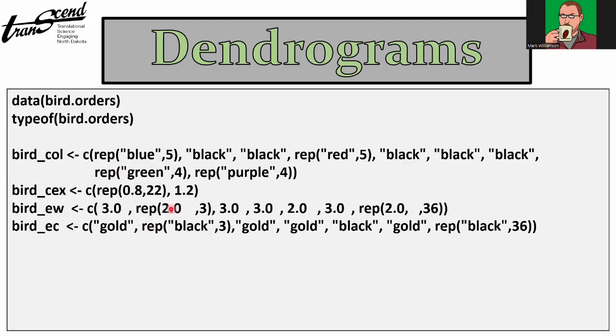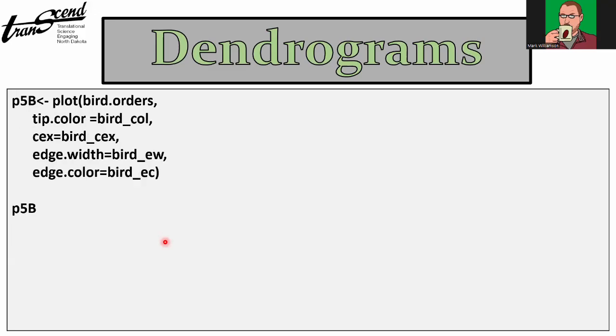The sizes, most of the sizes are going to be the same. One is going to be bigger. EW and CW, this is going to be end weight and end color, and I'm going to change that out. And I looked through the bird orders to specifically pick out which ones I wanted, and you'll see what they look like when we actually plot it. So again, we can plot bird orders using the simple built-in plot function.